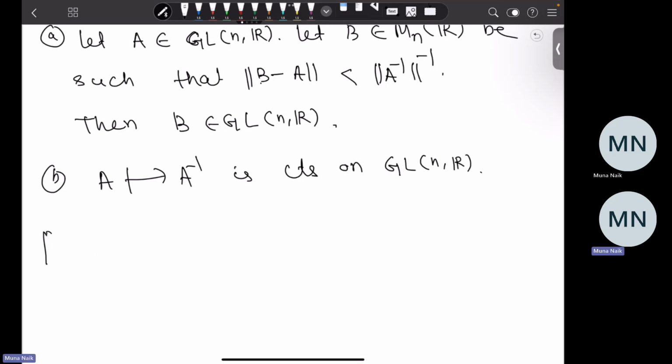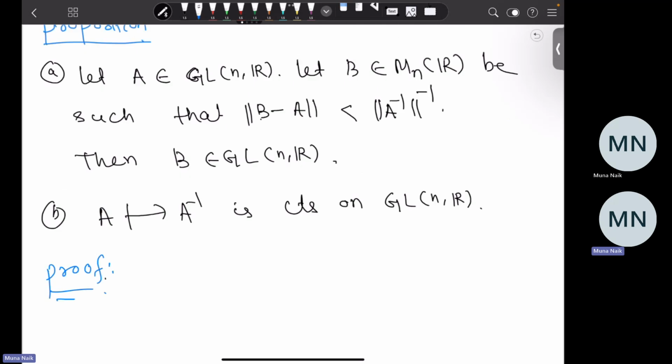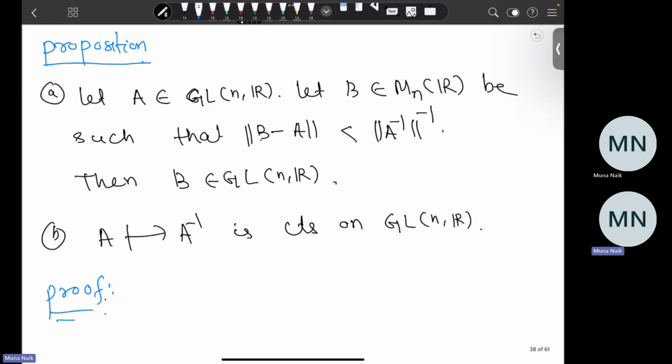So, proof. You will use the previous proposition which I proved on page 32. The thing is, the page 32 proposition is the special case where A is the identity. So if A is the identity, then the right-hand side is 1. It says that if norm of I minus A is less than 1, then A is invertible.